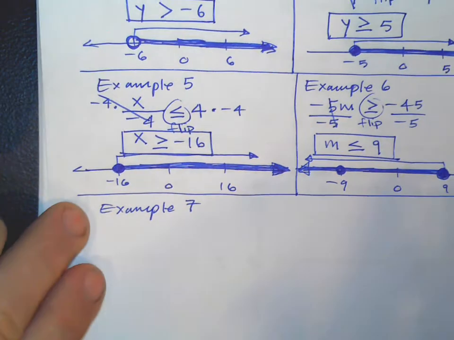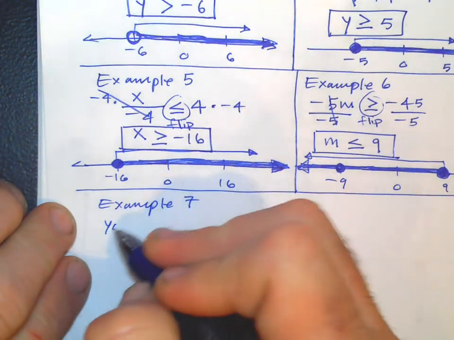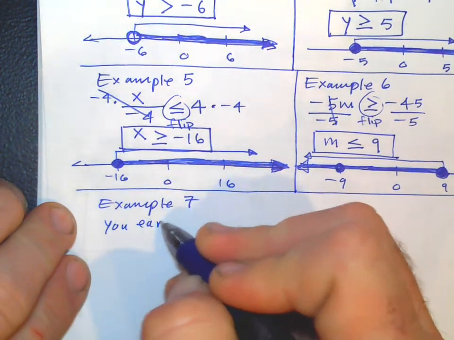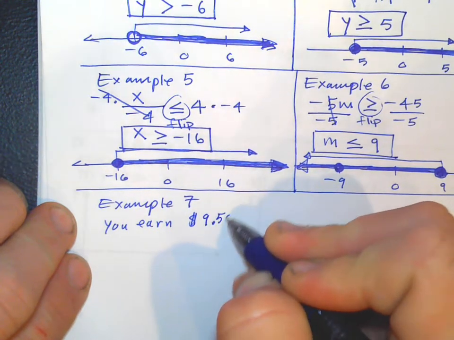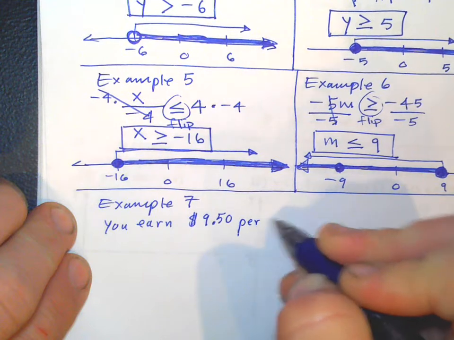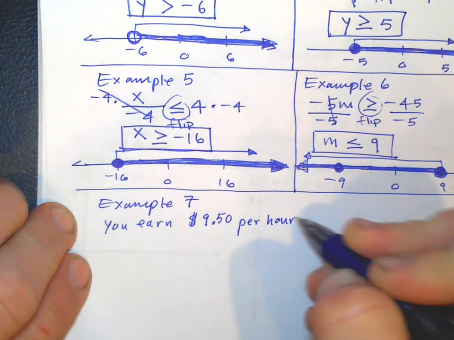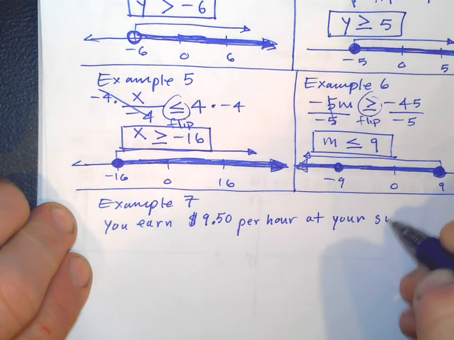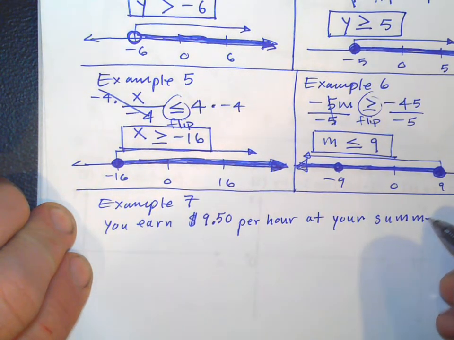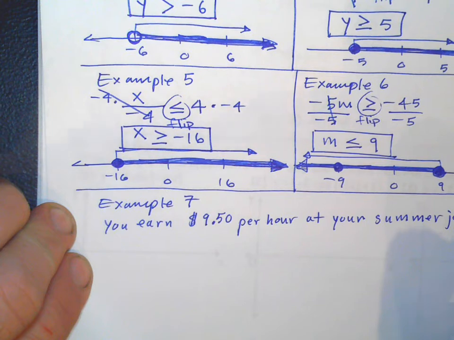Okay, application. You earn $9.50 per hour at your summer job.